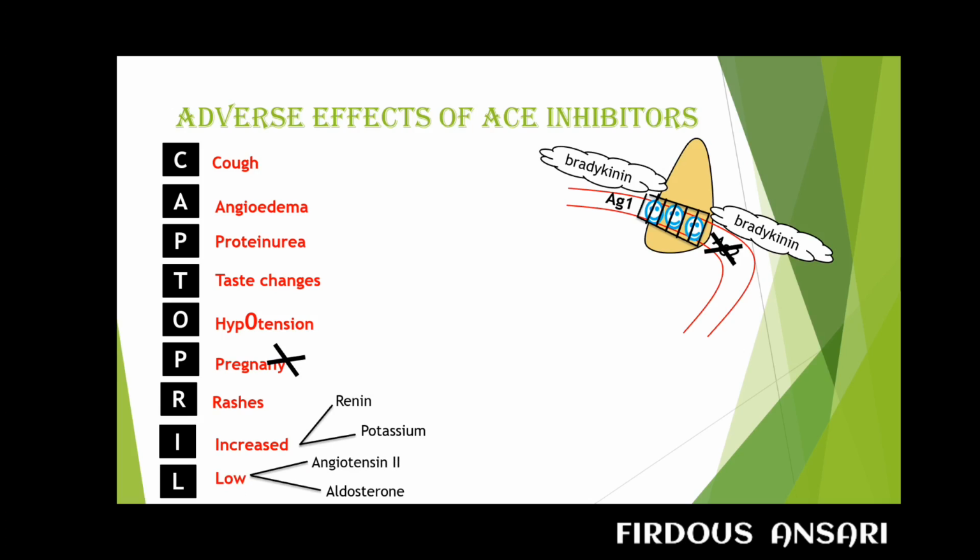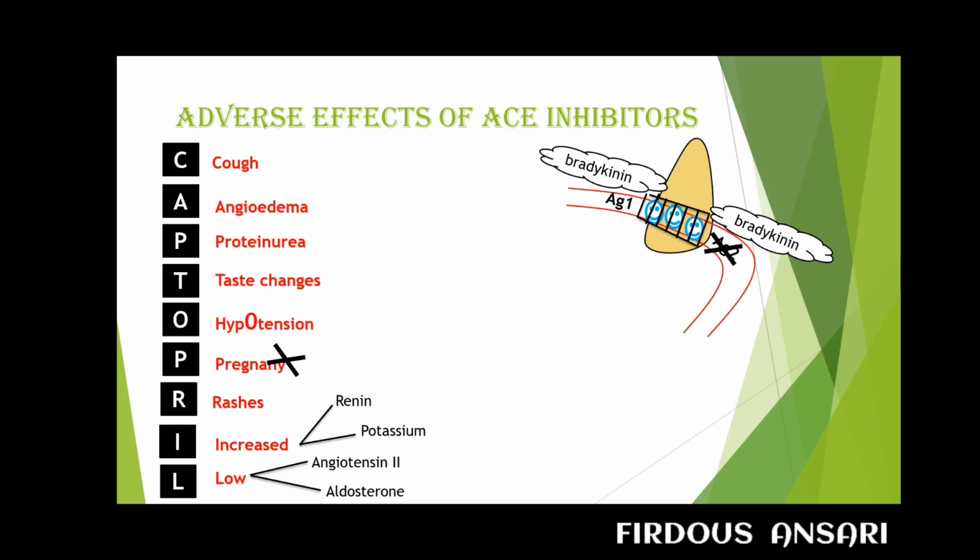Now these two things are interconnected. When angiotensin 2 level is less, obviously there will be increased renin, because angiotensin 2 is responsible for inhibiting renin release. Similarly, aldosterone. What is the normal action of aldosterone? Aldosterone causes increased excretion of potassium.